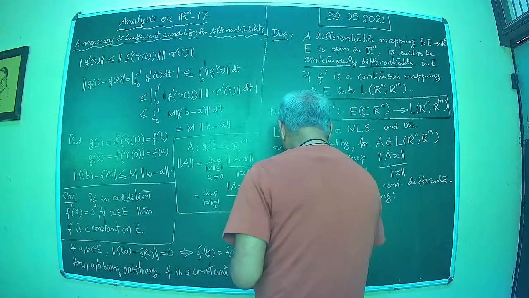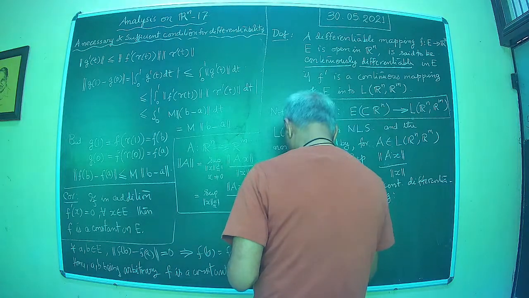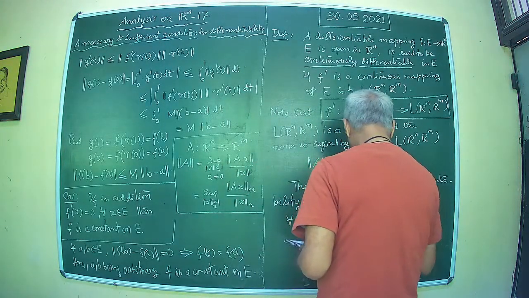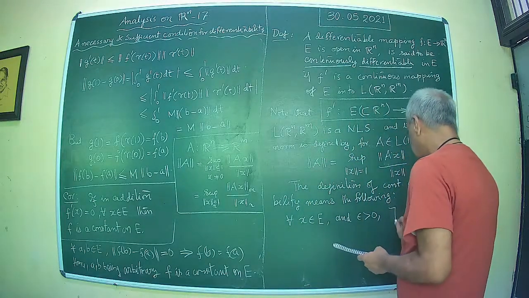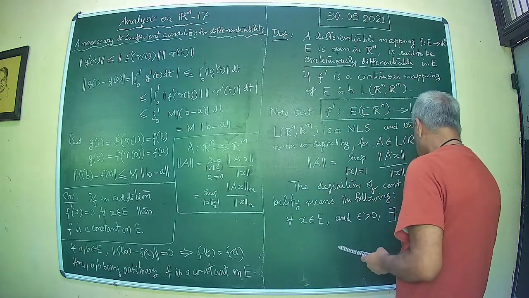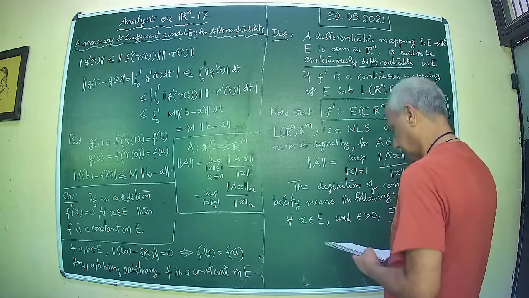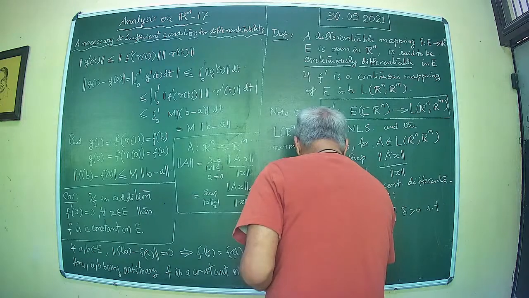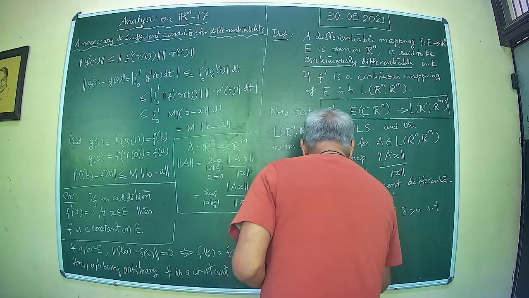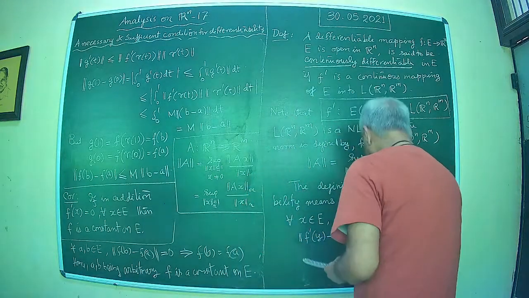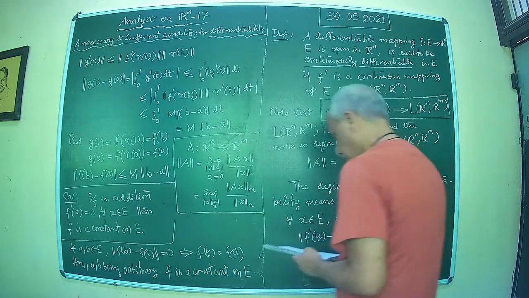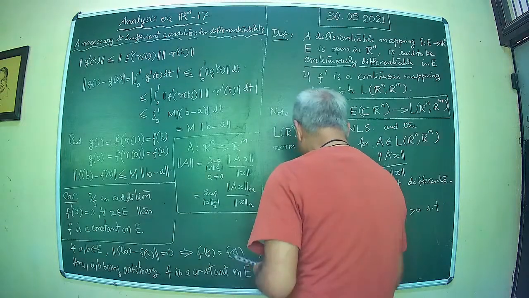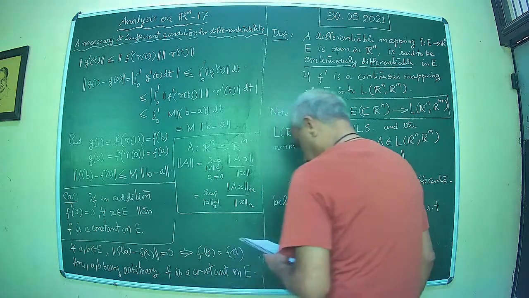For every x belonging to E and epsilon positive, there exists a delta positive such that the norm of f derivative of y minus f derivative of x is less than epsilon for y belonging to E with the norm of y minus x less than delta.